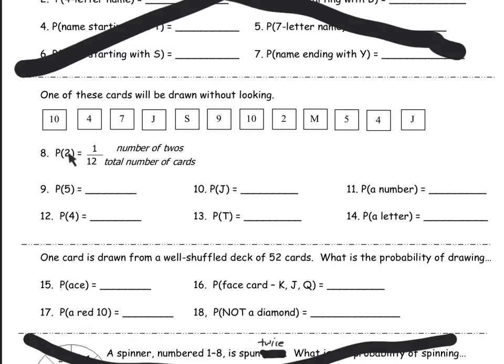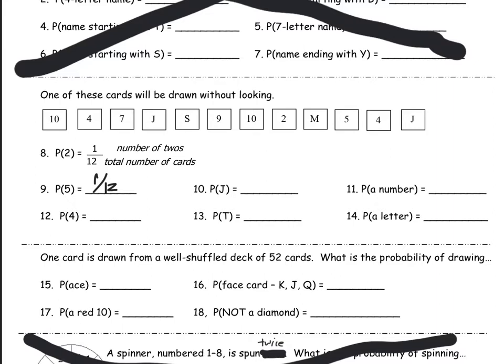So the probability of drawing a 2 is 1 out of the 12 cards possible. Now, what is the probability of pulling a 5? I look at my list. I know I have 12 cards total, and I see one 5. So there's one 5 out of 12 total cards, so it'll be 1 out of 12.